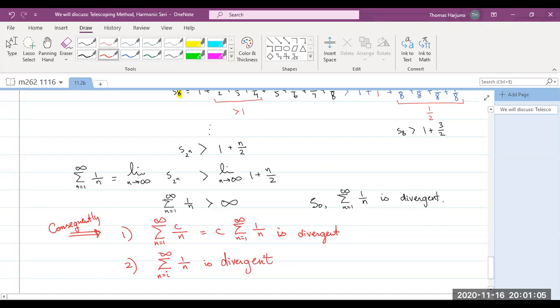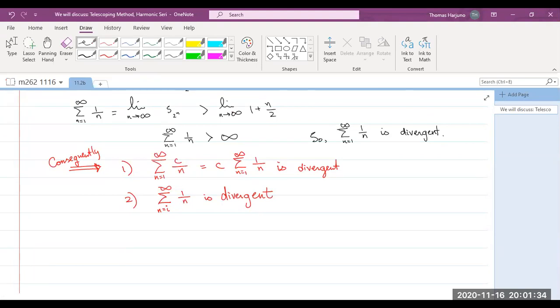In other words, the divergence or convergence of a series is not determined by the first couple terms. It's actually determined by the infinite terms. Okay, so one thing we know for sure is this.